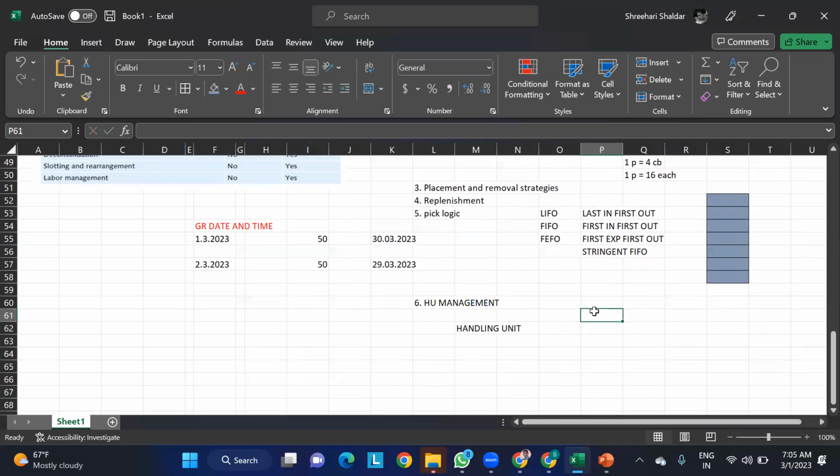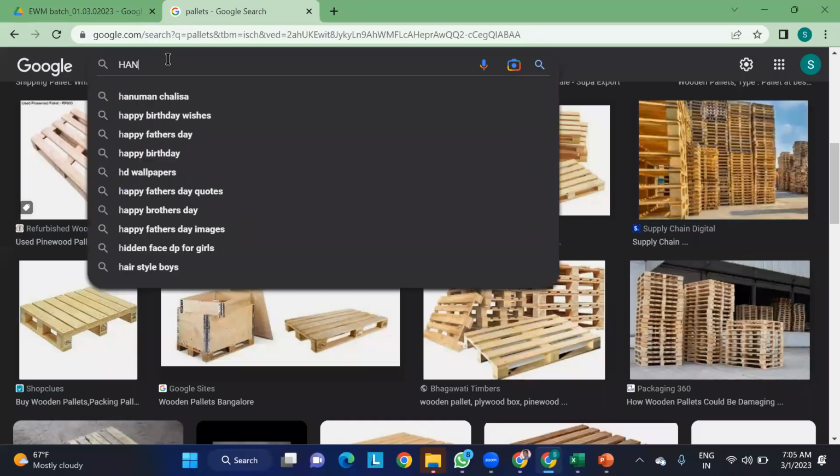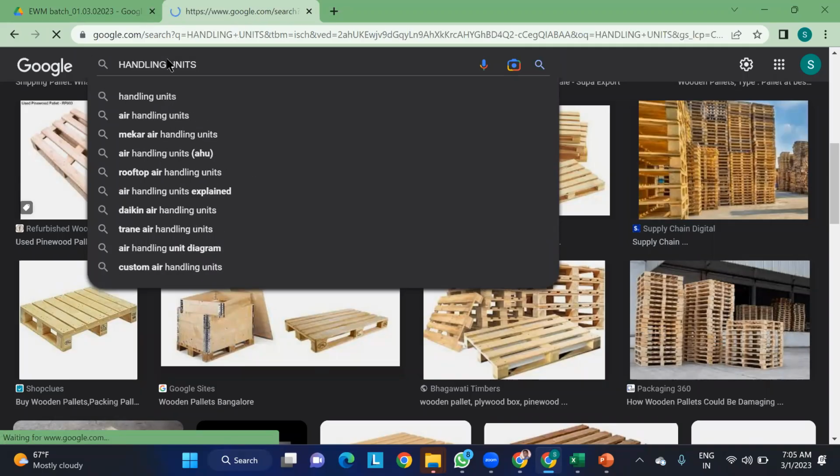One is some auxiliary handling units. You have seen carton boxes, and we have discussed the pallets. All these things are handling units. If you search for handling units on the internet, we will see some different products.